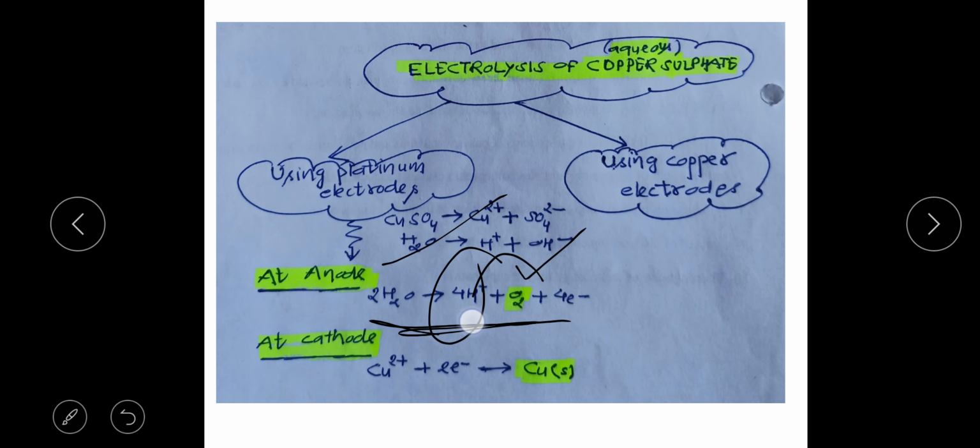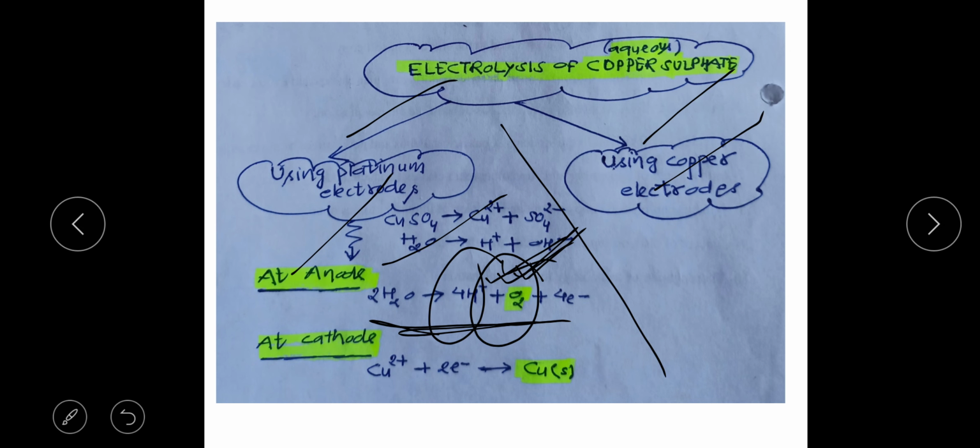So oxygen is produced at the anode. Here copper 2 positive ions were being produced because of oxidation of the copper electrode at the anode. Here oxygen is produced, so there is a difference between these two, and this difference is because of the difference in the material of the electrode.